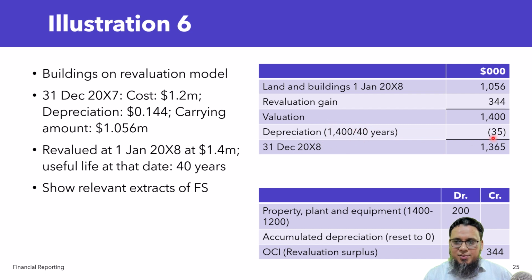So $35,000 is the depreciation, and the ending carrying amount is $1.365 million. So pretty simple. You take the new value minus the old cost value, and this is the delta that needs to be added into the asset amount. You eliminate any previous depreciation, and then you start using the new value, depreciating it on an annual basis.